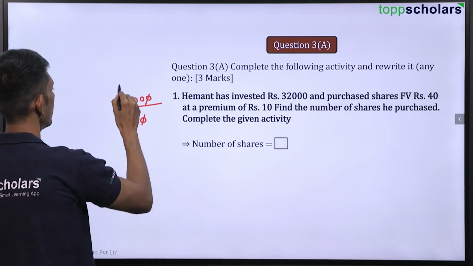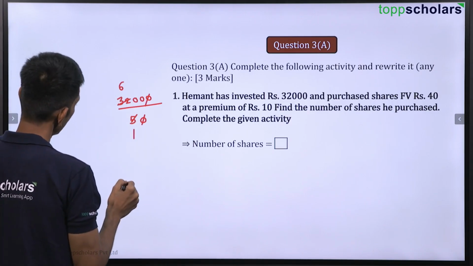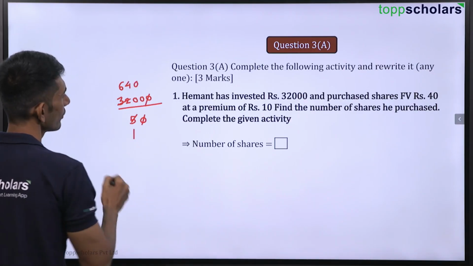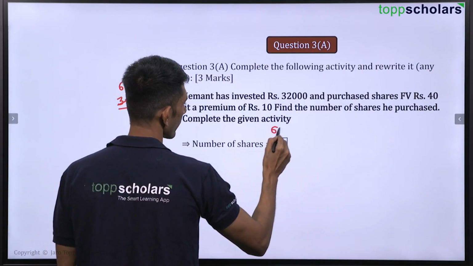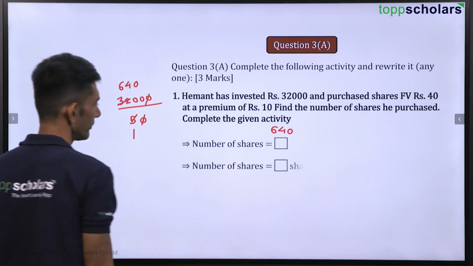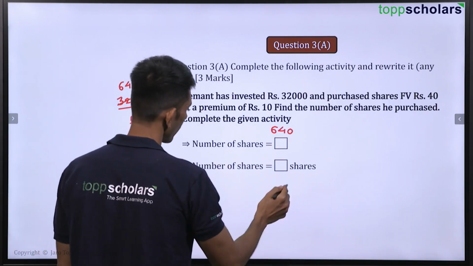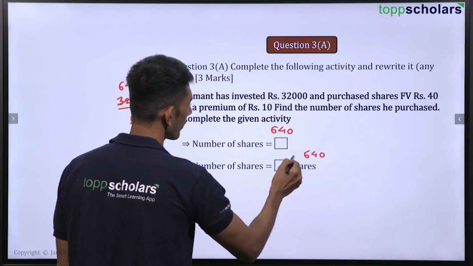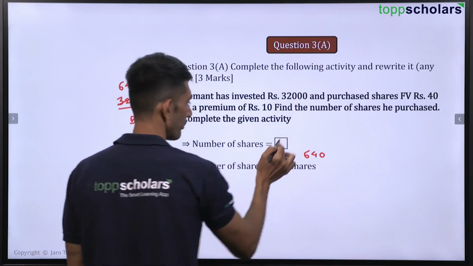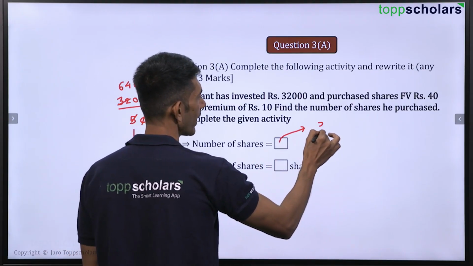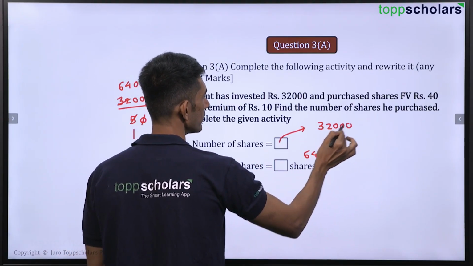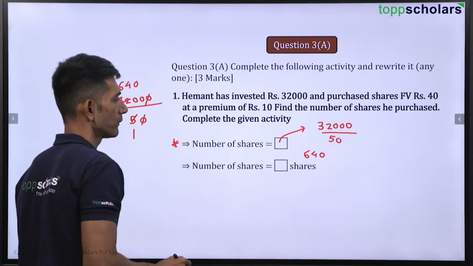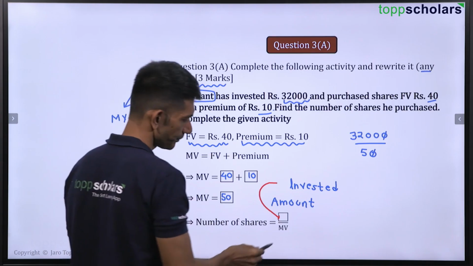5 ones are 5, 5 6s are 30, 2 0, 5 4s are 20, and then 0, 640. Correct? The number of shares is 640 shares. Here what you do, because they have one more box, put the values 32,000 divided by 50 here. Before that there was a formula.